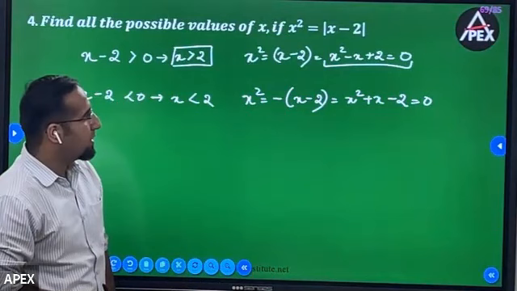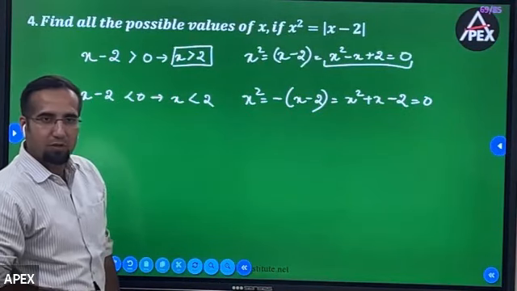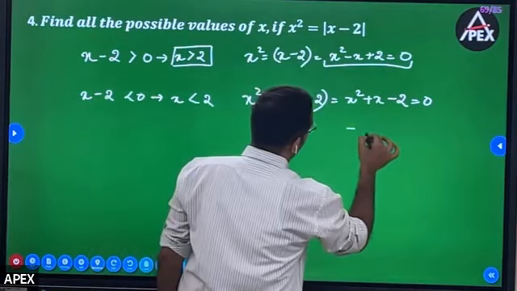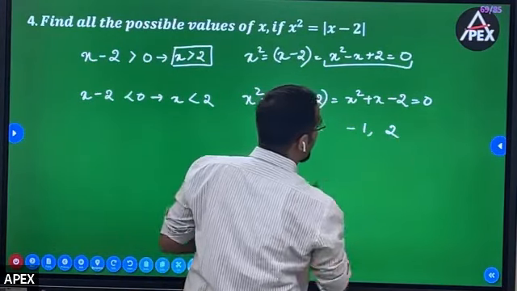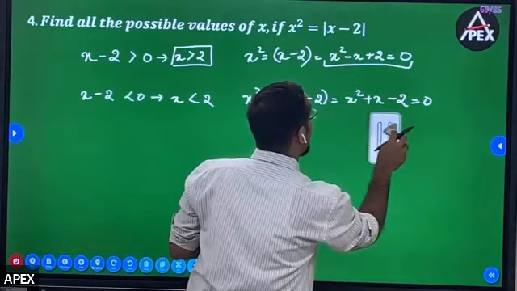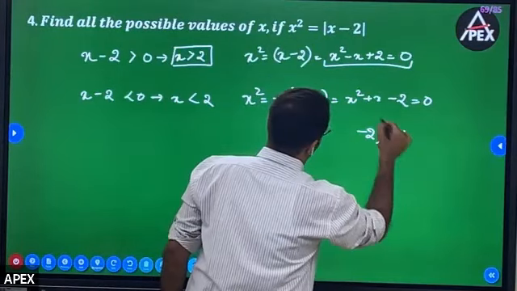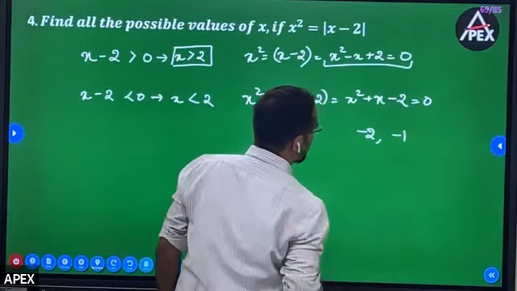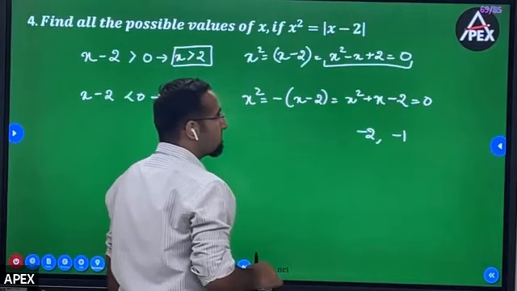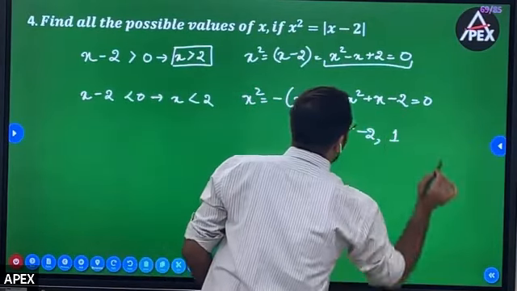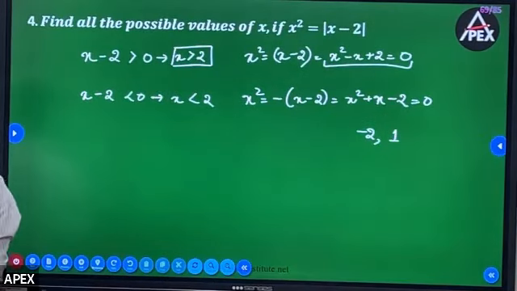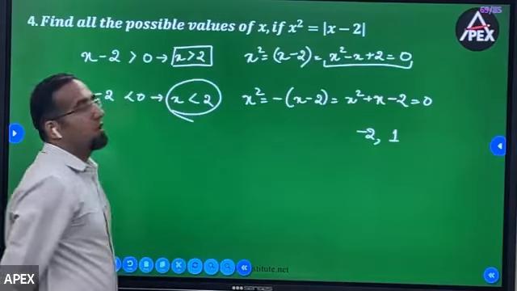So what do I have? Plus 2 and minus 1. Sorry, plus 2 and minus 2 comma. Clear? So if I have minus 2 comma 1, the simple fact that I'm looking at here is x should be less than 2.